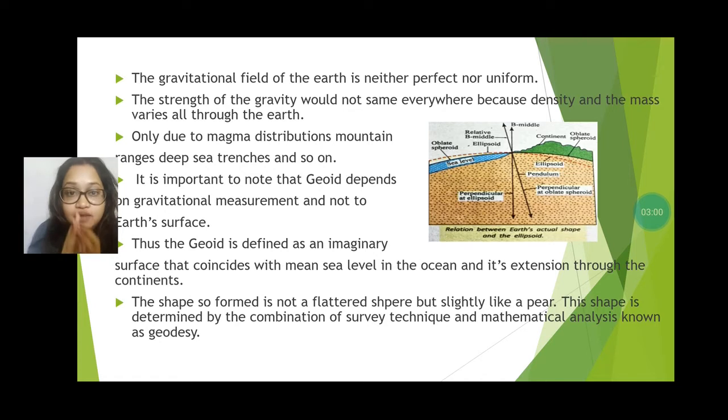So you have to remember that nowadays the Earth's shape is the geoid. The geoid depends on gravitational force, and every place on the Earth does not have the same gravitational force because of the Earth's density and mass, that means volume. So this is all about the concept of geoid.